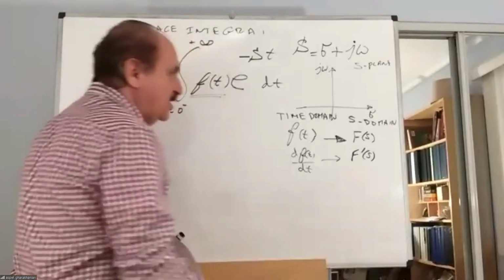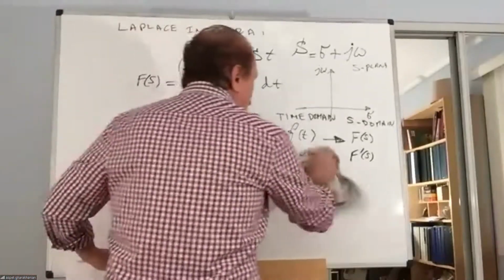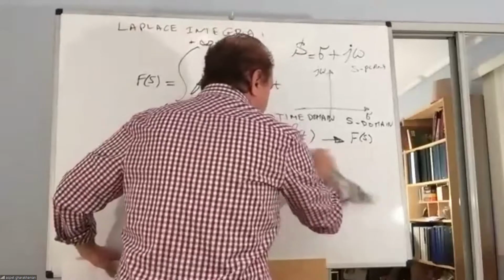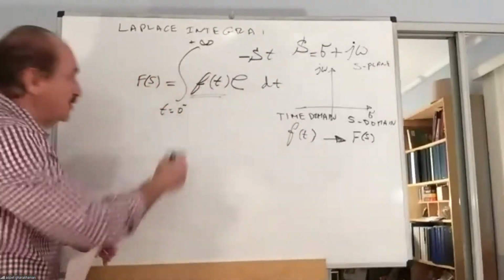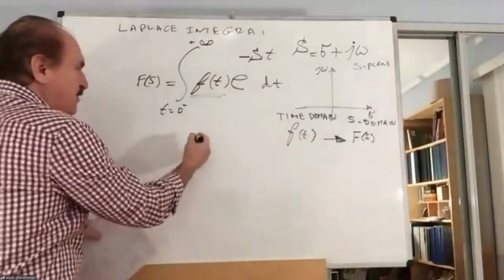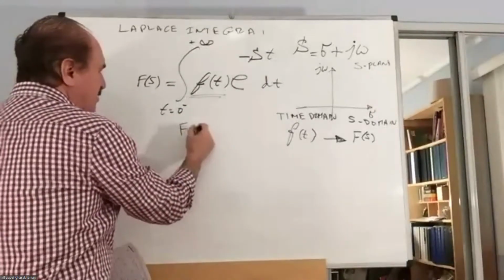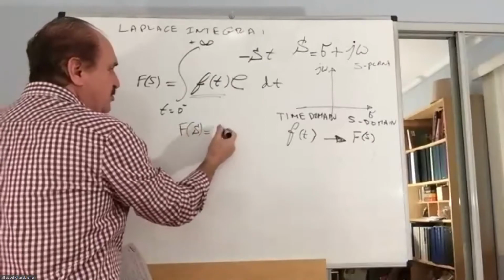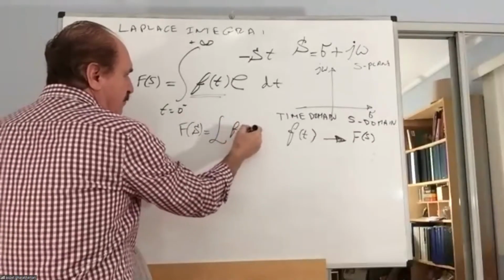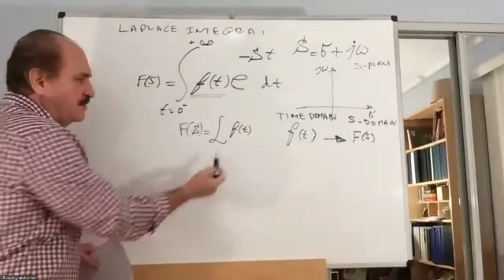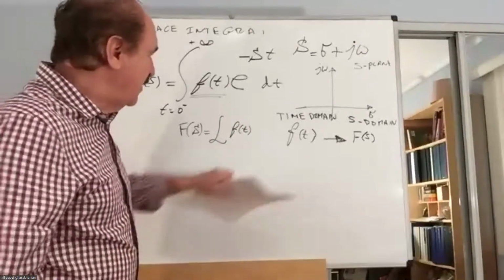Technically, how do we shorthand that? We shorthand it this way. We know that it is the integral that does the job, with which we say f of s is the Laplace of f of t. So a big L is posted in front of f of t.